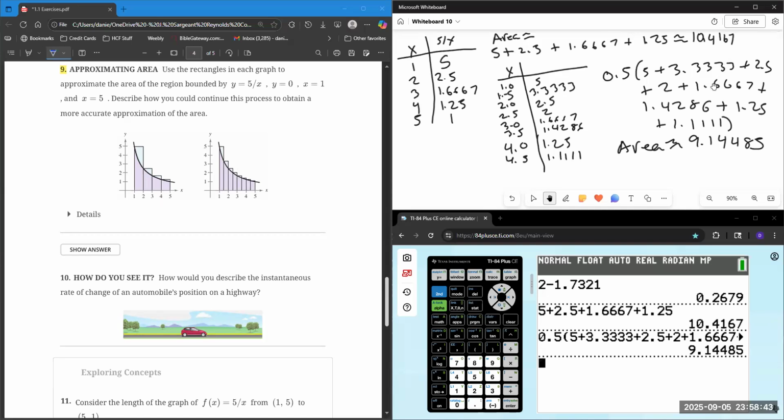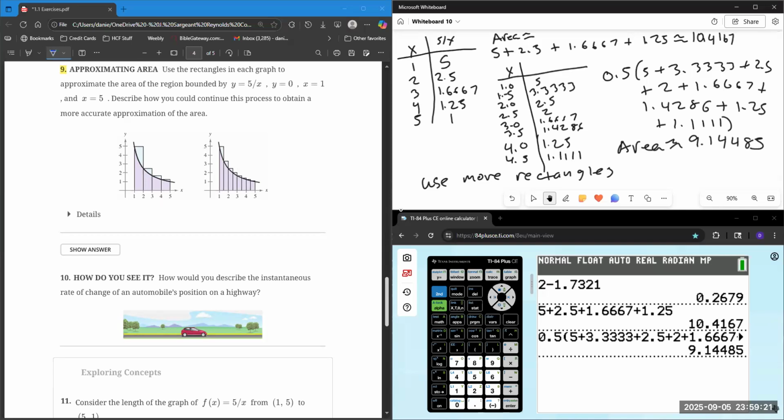As we squeeze out more air, as we get more rectangles, we get an even better answer. More rectangles is the idea. And we'll talk about that a whole lot more in chapter 4 when we get there, and we'll use more and more rectangles, and we'll get approximations by making the left side of the rectangle touch the graph, make the right side of the rectangle touch the graph.